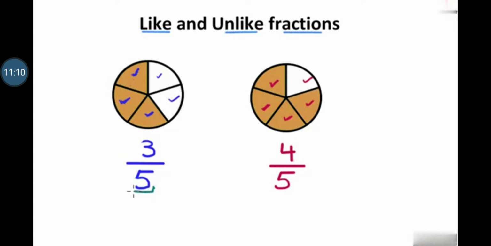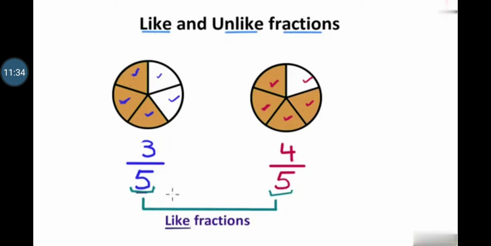Now you can say that in both the fractions the denominator is 5. So it means that we have divided both the circles into 5 equal parts. So this type of fraction where the denominators are the same is called like fractions.